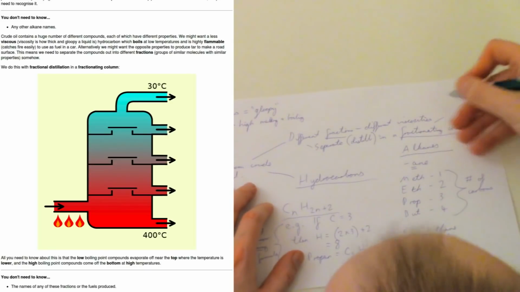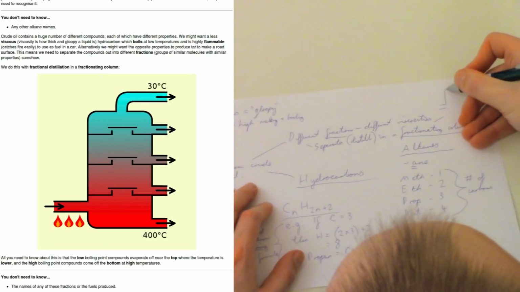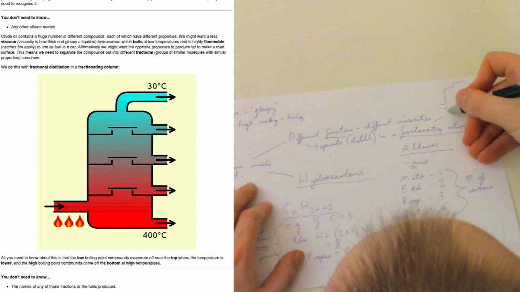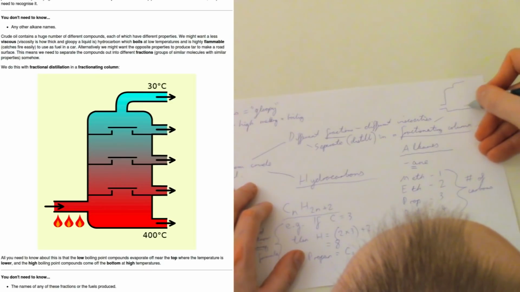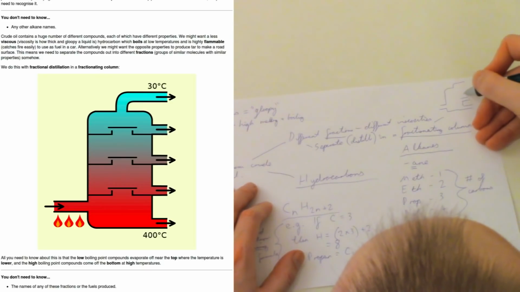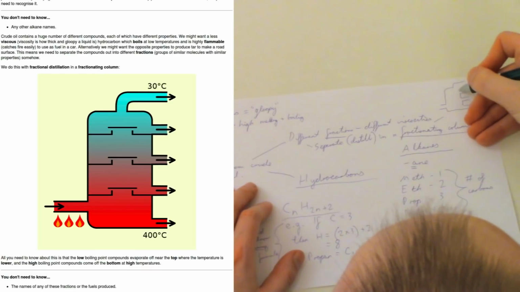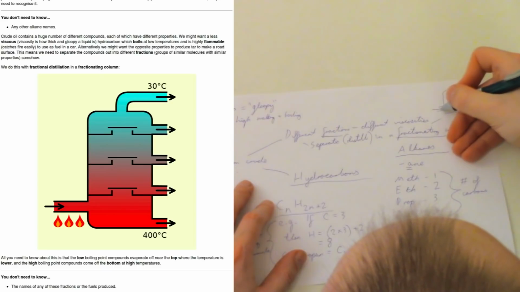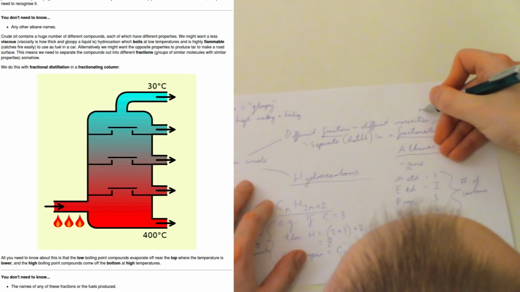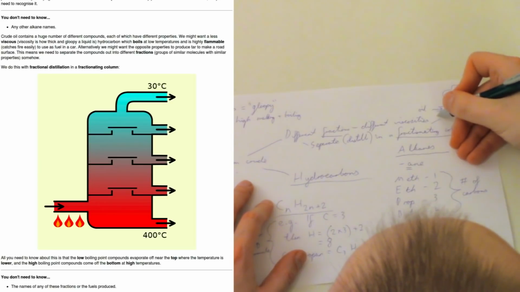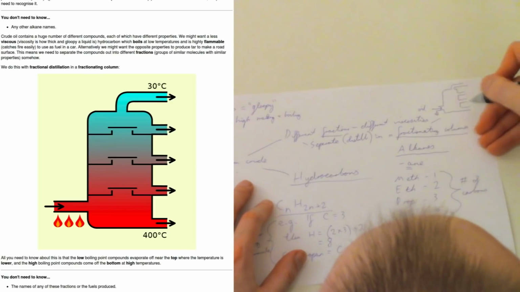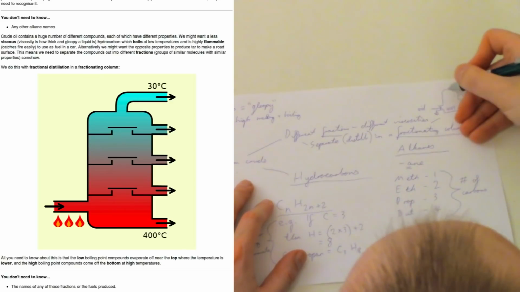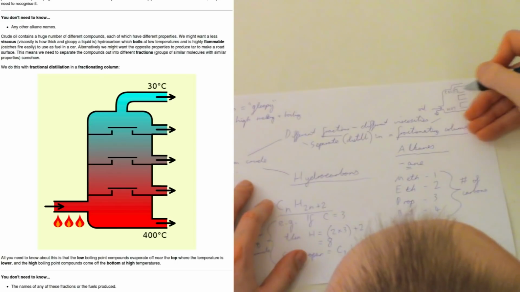Okay, and that is this thing that looks like this. I'm going to do a quick, very rough sketch so I can remember what that thing is. Down here, so that's the crude oil in, let's do a little flame there, so I know it's hot, and then it gets cold up here.